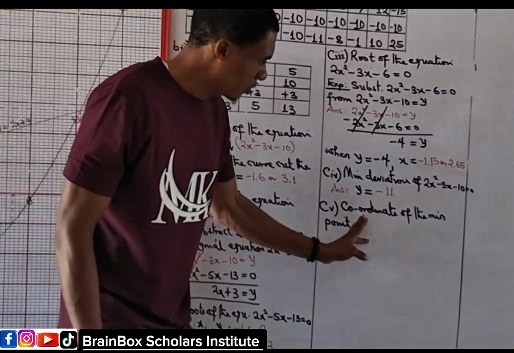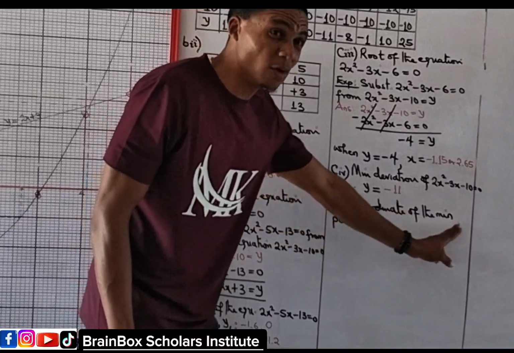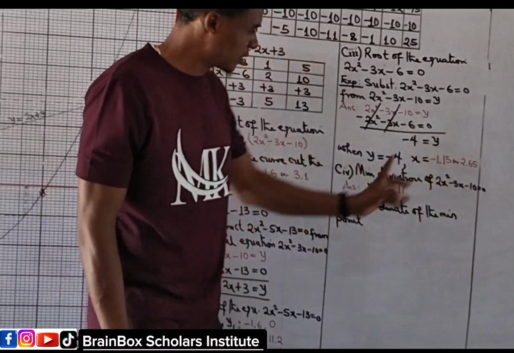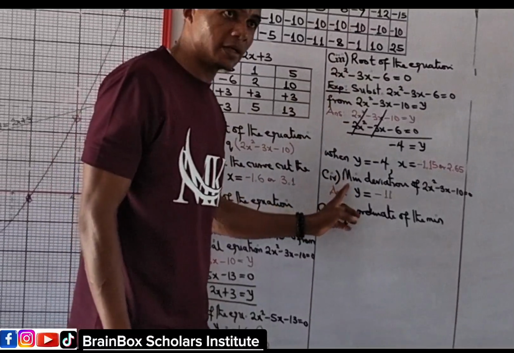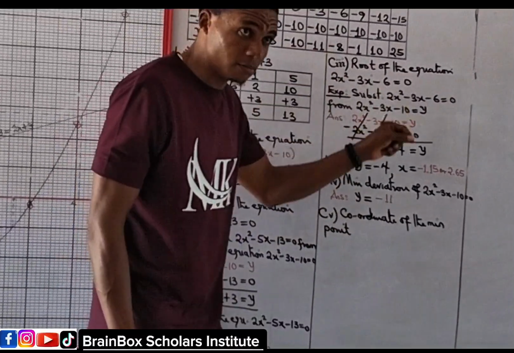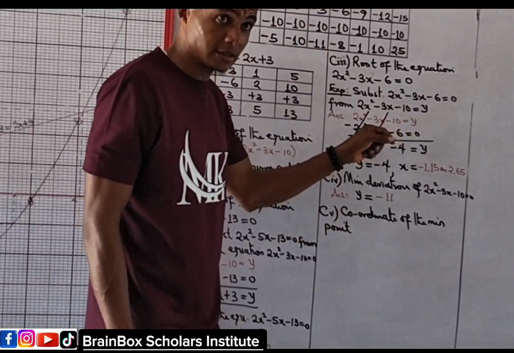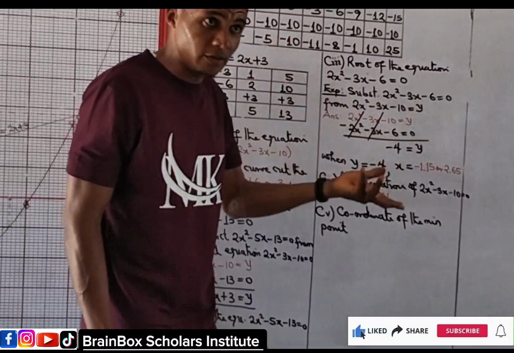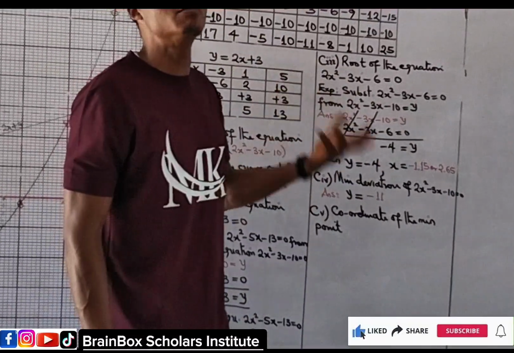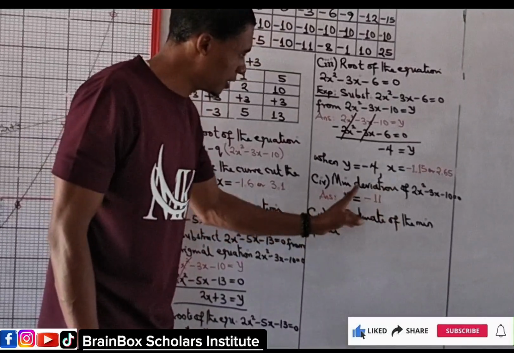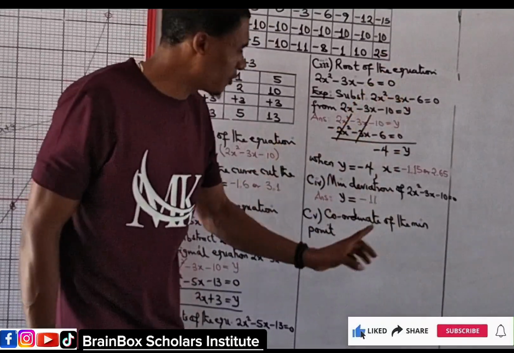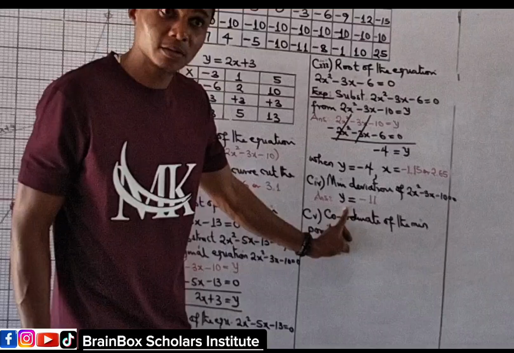Now they say coordinates of the minimum point. Go to CIV. CIV says find the minimum point, right? Or the least value, or the what? Minimum deviation. Now, you see, in this minimum deviation, I have gotten the y coordinate.